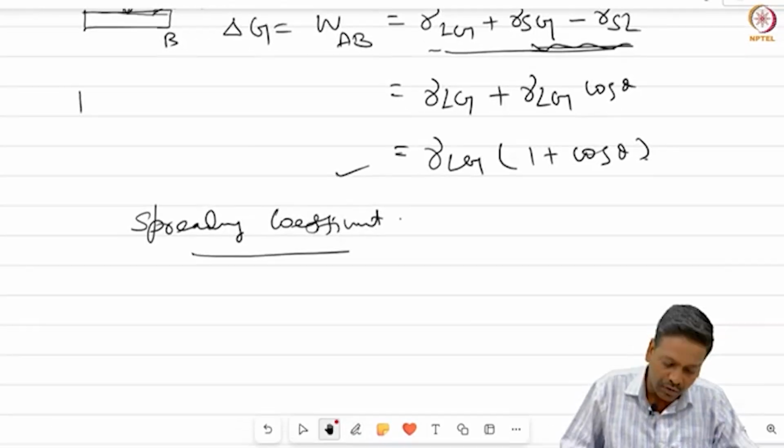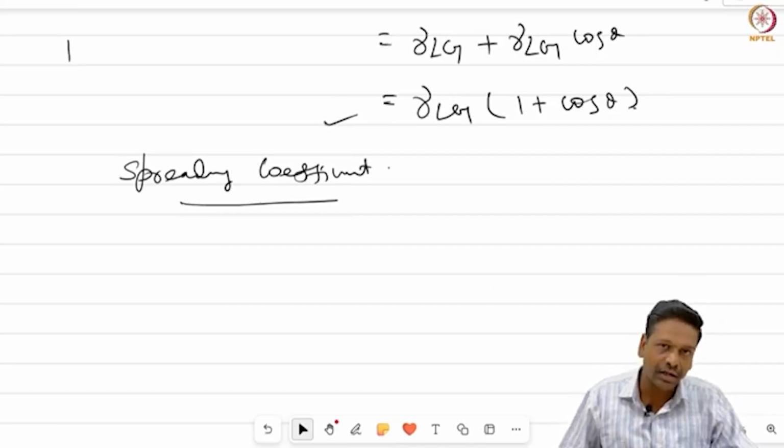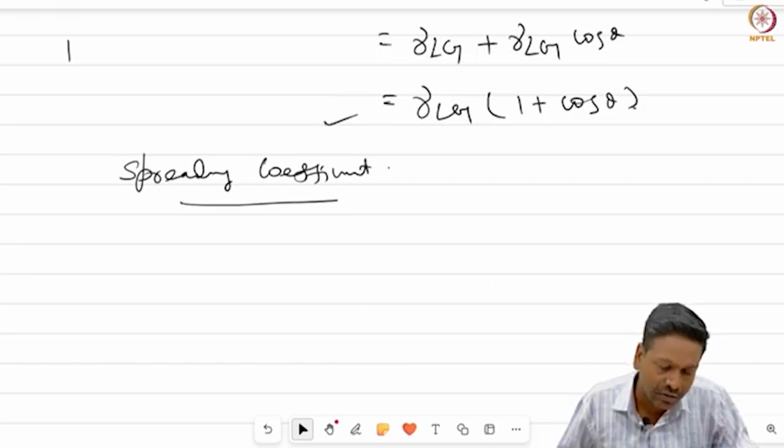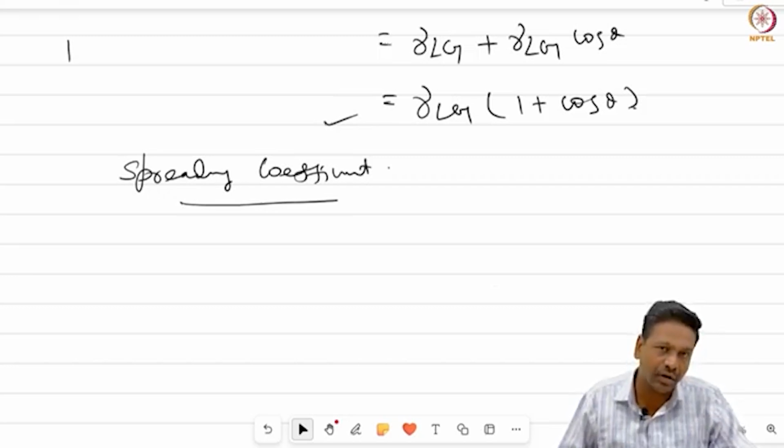Spreading coefficient is just like a quick guideline. By knowing the number, one can quickly say whether a liquid will spread nicely on a given solid surface or not.